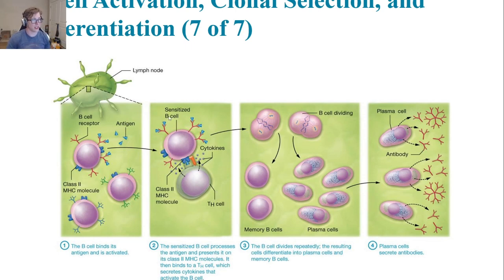You can now see this sensitized B cell start dividing. First off, every time in adaptive immunity, when a B cell or a T cell is primed, it will go off into memory cells. And the memory cells are important because that's what will make your immune system respond much faster to the infection if it ever encounters it again.